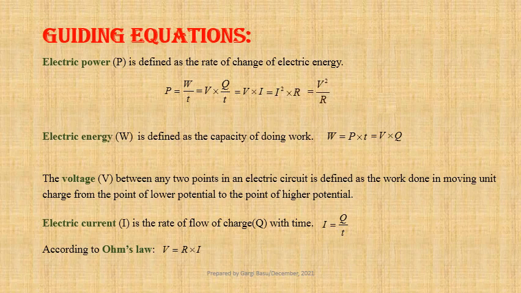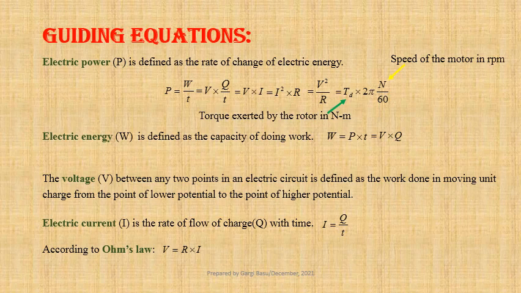For rotating machines, P = Td × 2πn/60, where Td is the torque exerted by the rotor in Newton meters and n is the speed of the motor in revolutions per minute.